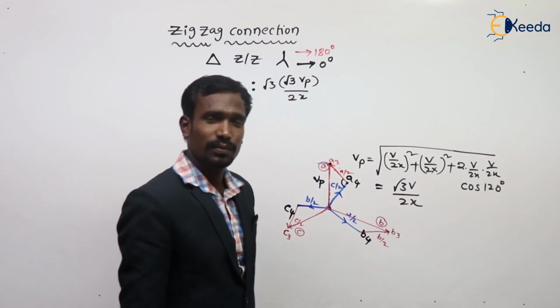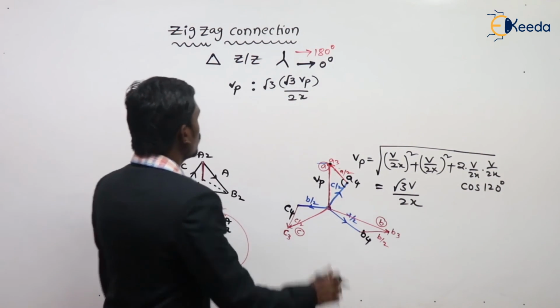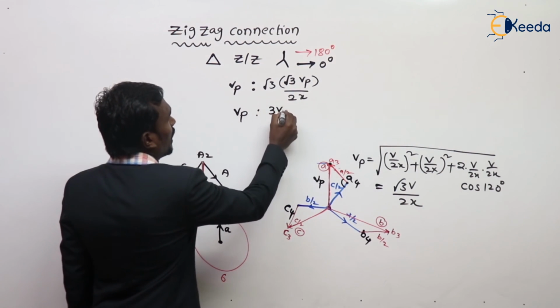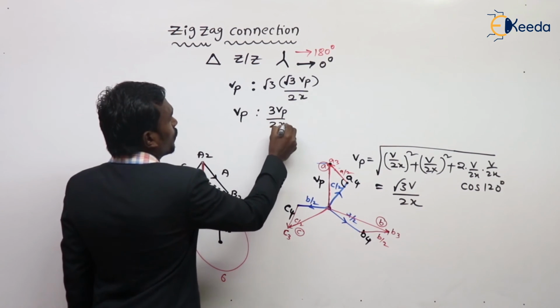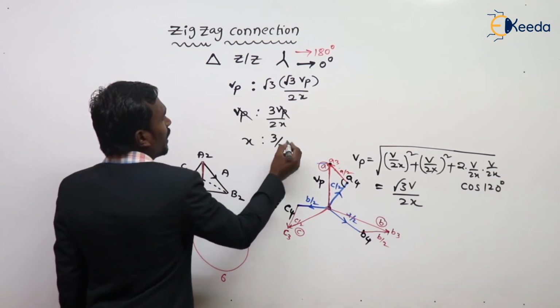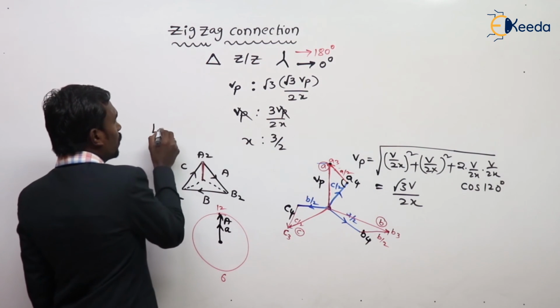Just calculate it. So now see, what is the line turns ratio? The phase gets cancelled. So the line turns ratio is x is to 3 by 2.